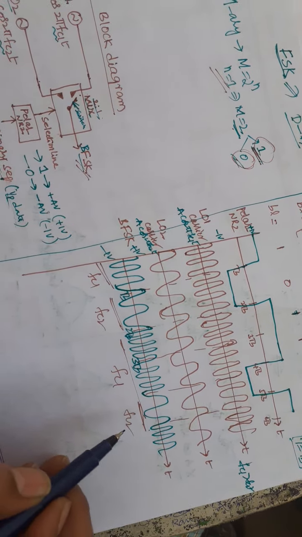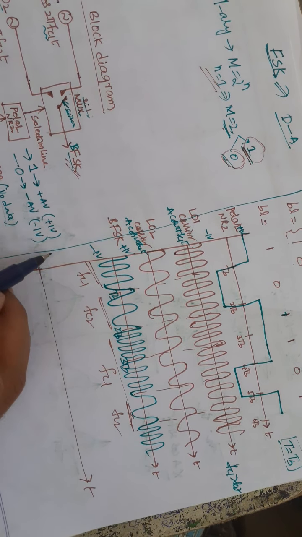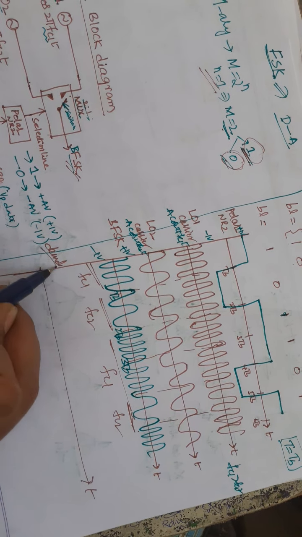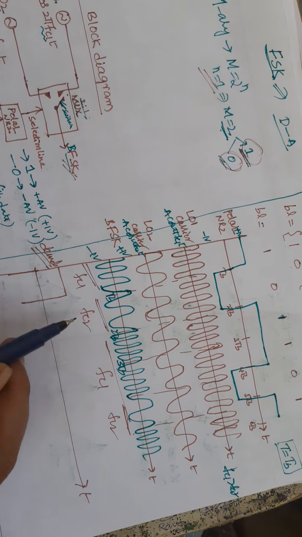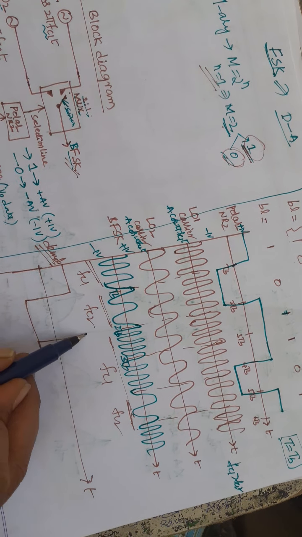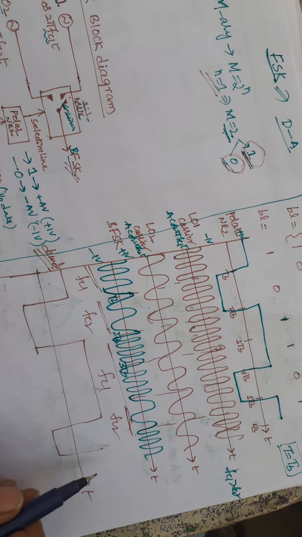These are the carrier signal frequencies. The demodulated signal is the demodulated FSK. Because of fc1, it produces bit 1. Because of fc2, it produces bit 0. Again fc1, again fc2. This is the demodulation.